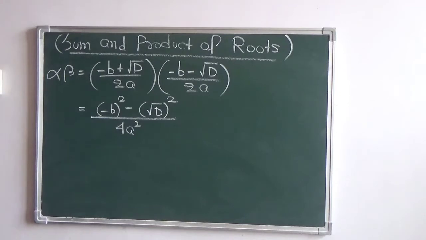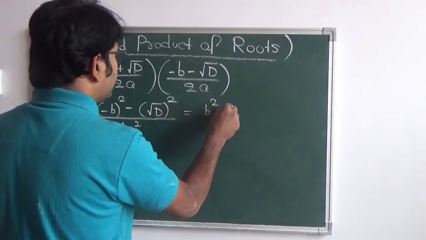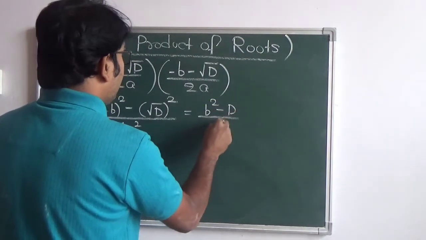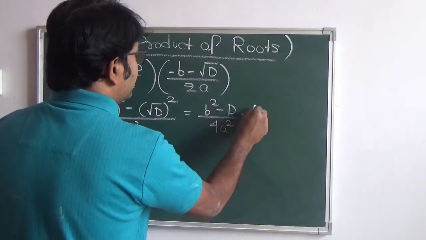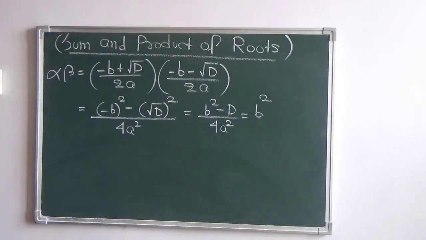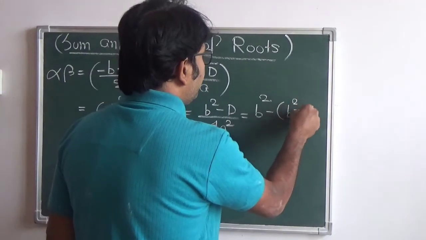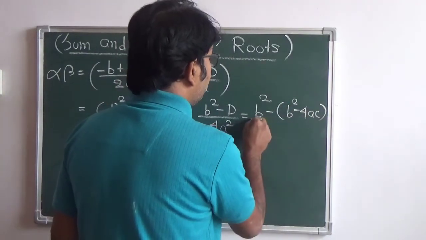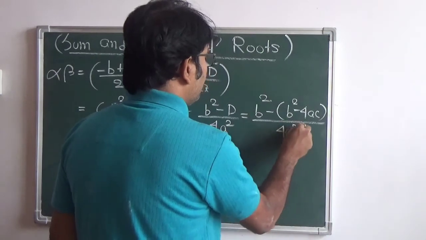Now if you proceed further, we will be having b square minus d by 4a square, and what is the value of d? That is b square minus 4ac. So you can write it here, minus of b square minus 4ac divided by 4a square.